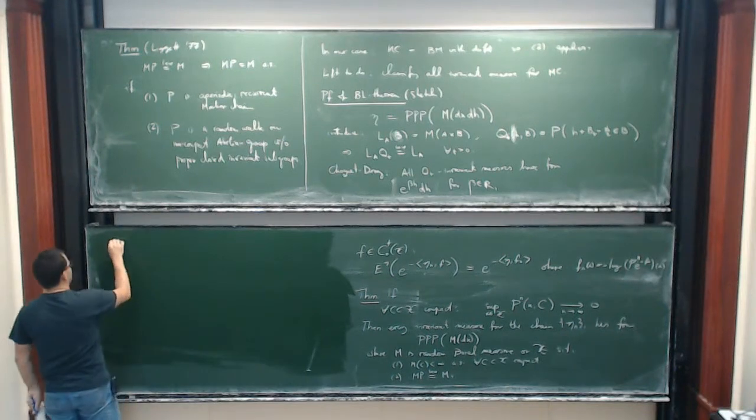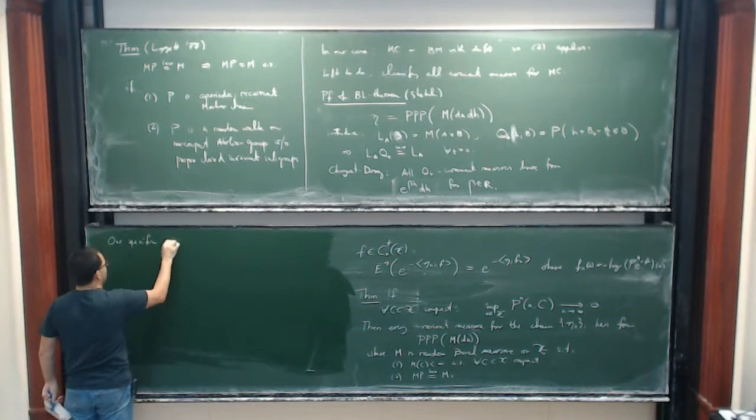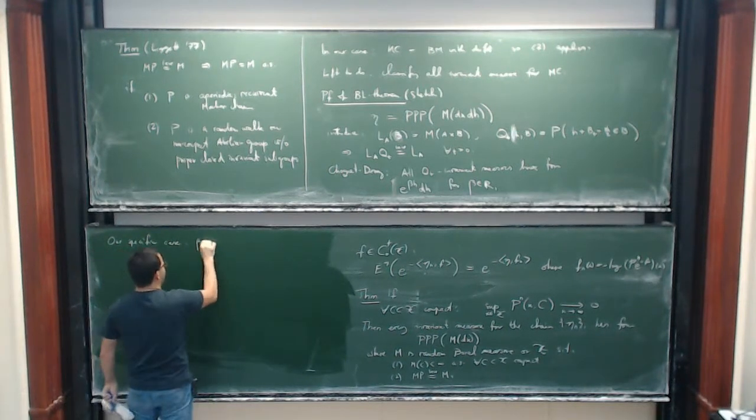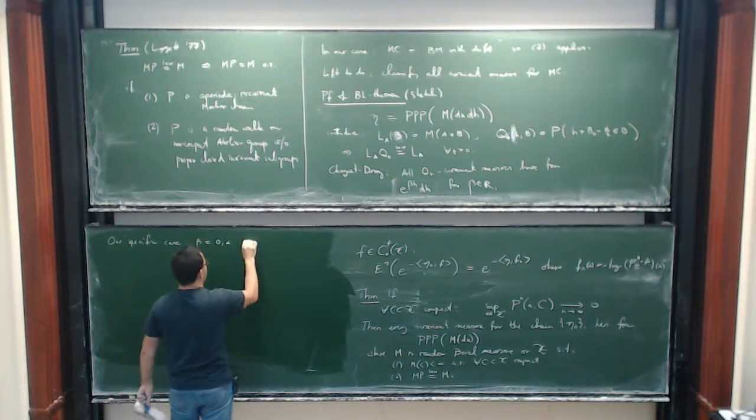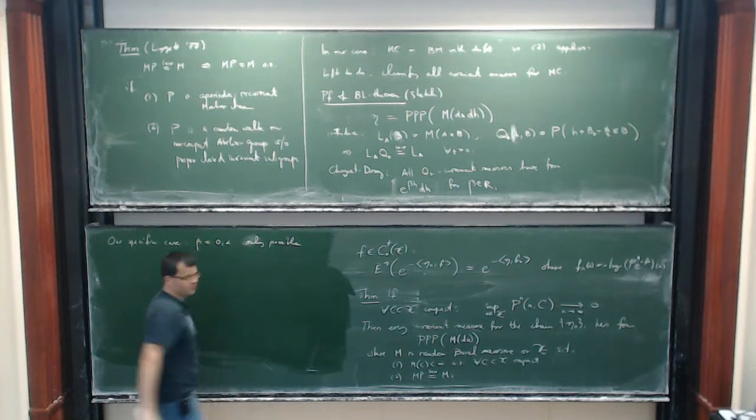So in our specific case, beta can be 0 and alpha, only allowed. Okay?